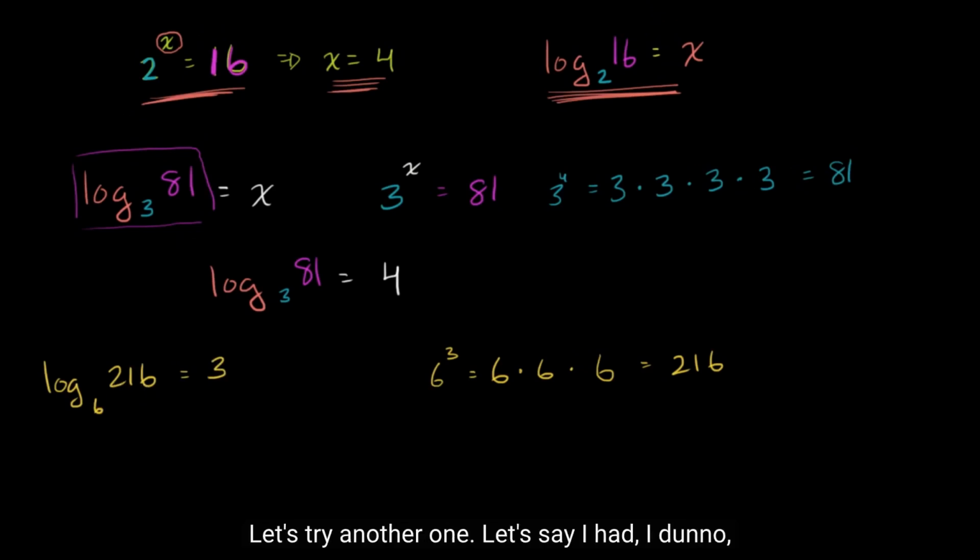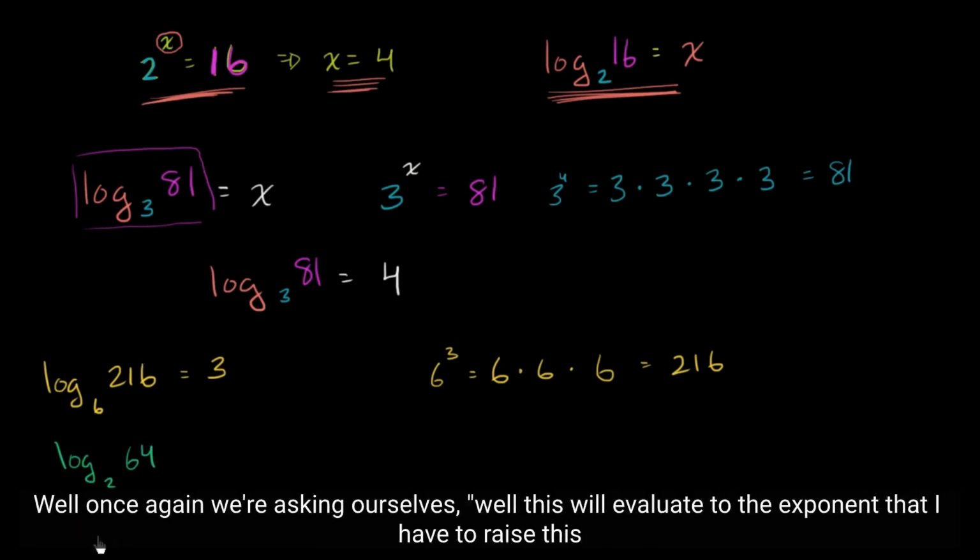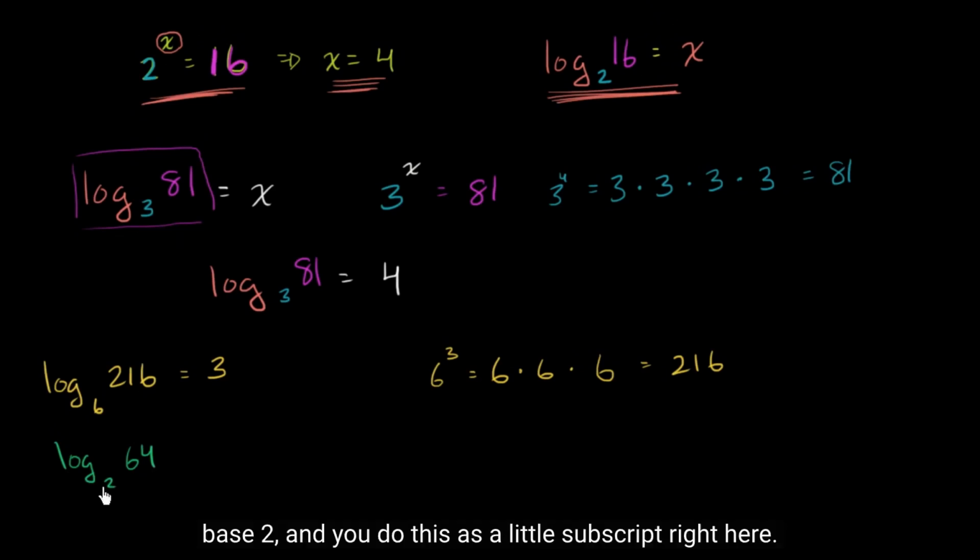Let's try another one. Let's say I had log base 2 of 64. So what does this evaluate to? Well, once again, this will evaluate to the exponent that I have to raise this base to, and you write this as the little subscript right here, the exponent that I have to raise 2 to get to 64.